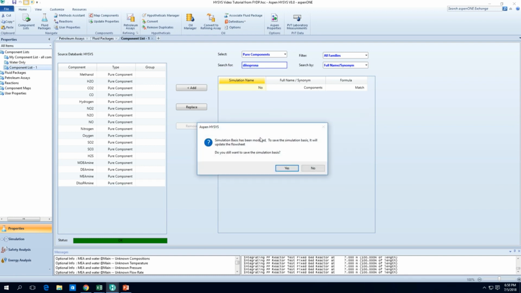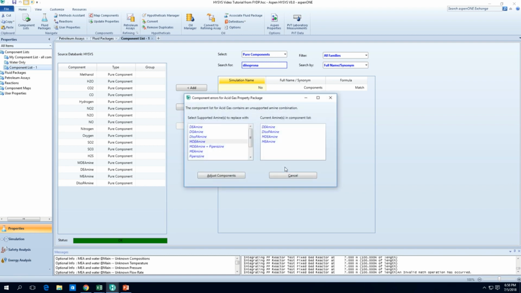I'm going to save this. It says the component list for acid gas contains an unsupported amine combination. It says select supported amines to replace with, and then it lists the current amines in the component list. So basically it's saying that you can only pick one of the amines in each HYSYS simulation.